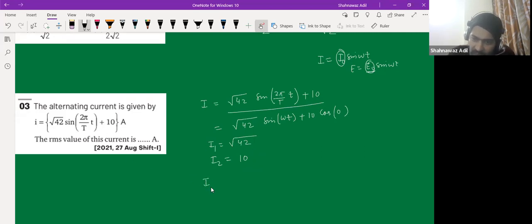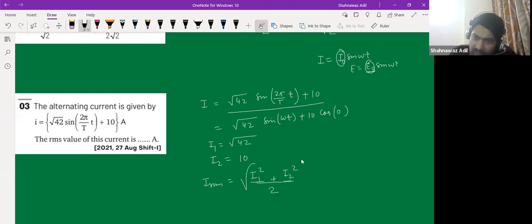Then we have to find out the RMS value. So the RMS value would be how much? That would be I1 square by 2 plus I2 square by 2, right? Or I can write this directly as the sum of squares divided by 2.